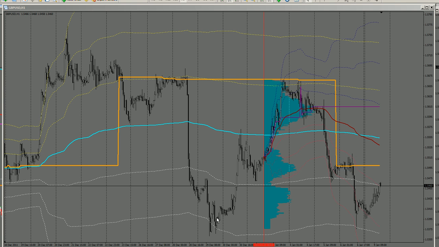Possible long entry here when we made some kind of a higher low, came back to the average, short area here, then next short area here at the volume peak, and now we hit again the 2 times standard deviation of the average volume distribution for the last 20 days, a bounce of that, and now we are at the first standard deviation. So it will be interesting to see if we make a kind of a bottom and move higher. Nevertheless, a lot of nice levels to buy or sell here based on the volume distribution.